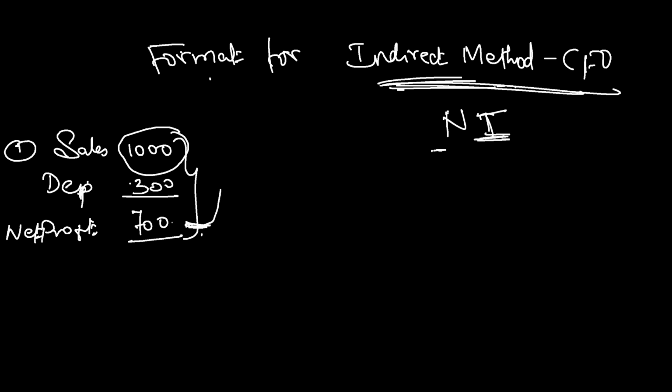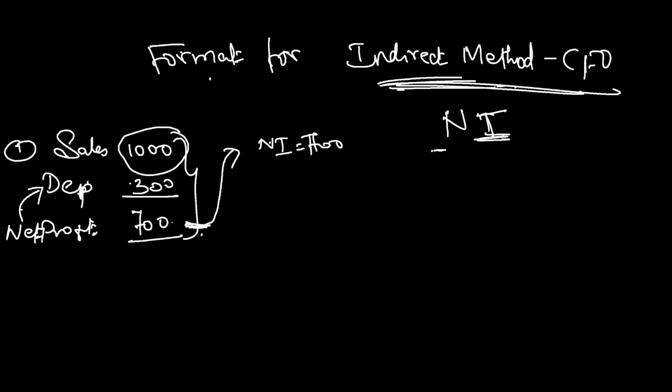So I can put this in a proper format here. Let's say I will begin with net income or net profit 700, and then from here I will go up. When I go up, I see depreciation of 300. Now I know depreciation is a non-cash item, so this shouldn't have been deducted from a cash perspective.